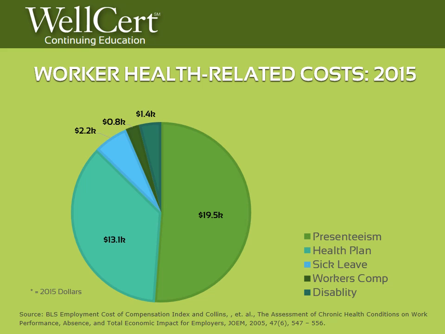So the total of all of this, plus the $19,500 of presenteeism losses due to employees coming to work sick and then losing productivity from those underlying health conditions and diseases and symptoms. And the overall total here is about $37,000 per employee per year as a health-related cost of what most American employers are experiencing.